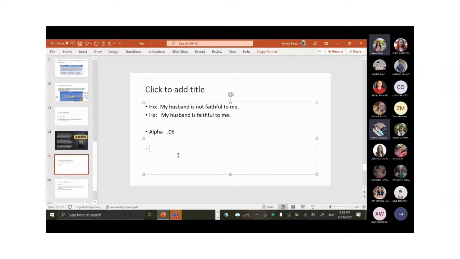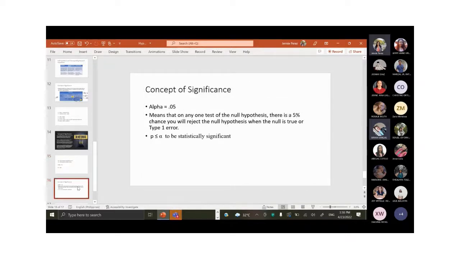Okay? So, you do a test statistic. Then in your test statistic, your p-value turns out to be equal to 0.028. Now, how would you make your decision?